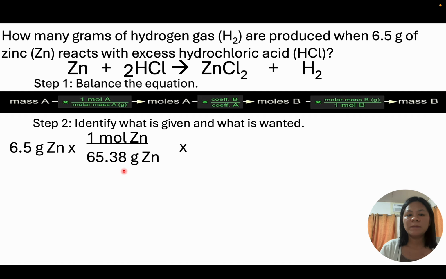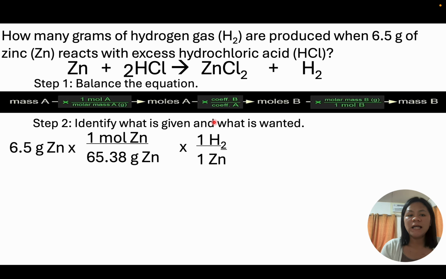Then we multiply it with the coefficient found in our equation. As I said, hydrogen and zinc are involved, and as you can see, there is a 1. It's understood to be 1 if there is no number. So we put that. The reason why the zinc is on the bottom is for us to cancel this.